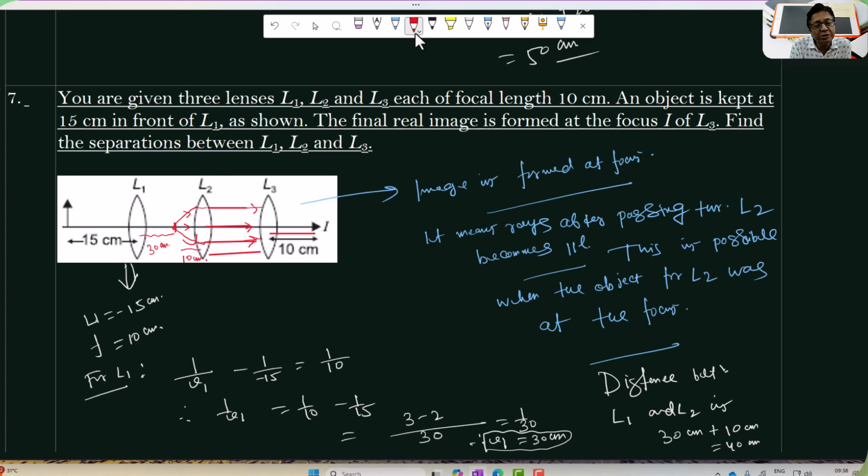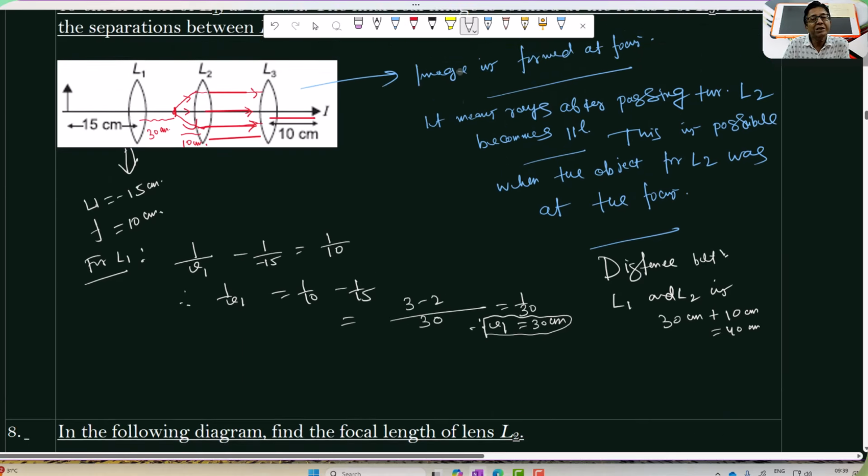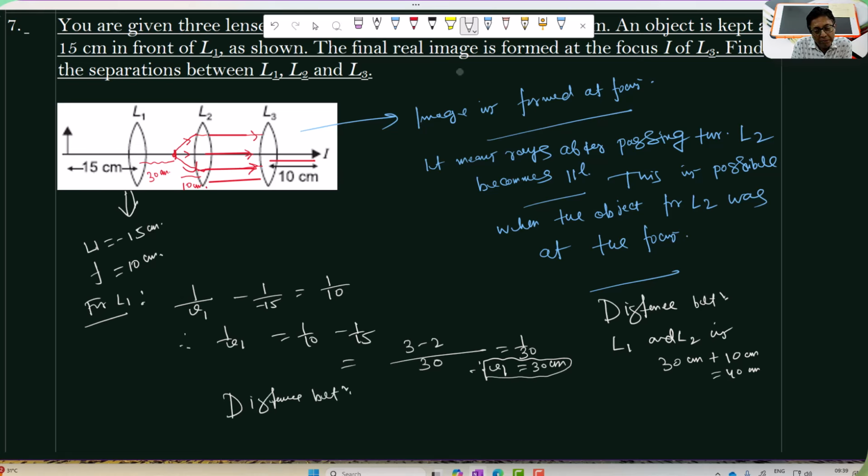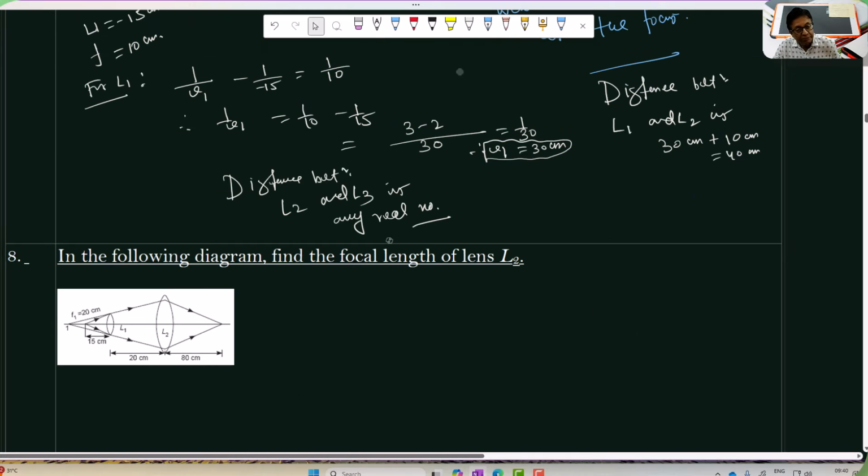So the distance between L2 and L3 may be anything. Clear? The distance between L2 and L3 is any real number. Okay? There is no problem in it.